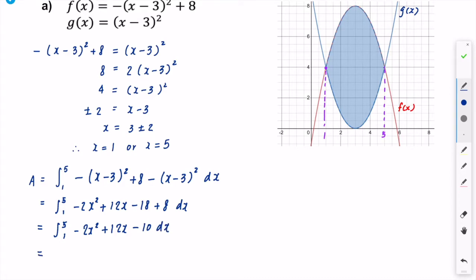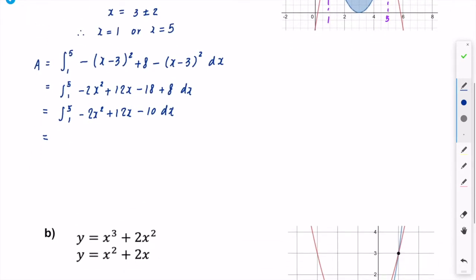When I take the integral, I have x cubed over 3 multiplied by negative 2, plus x squared over 2 multiplied by 12, so that's 6x squared, minus 10x.